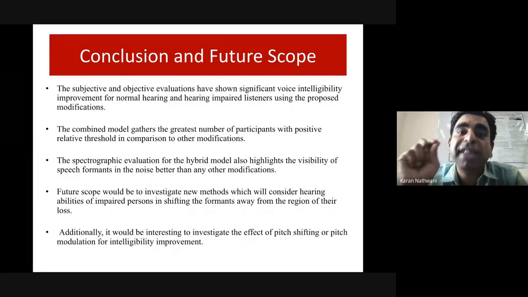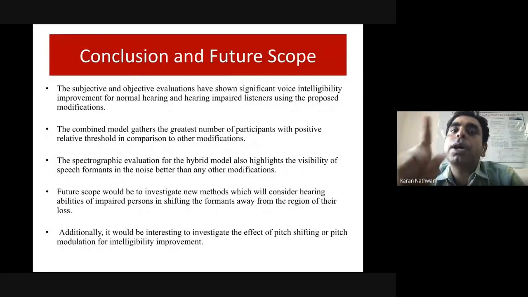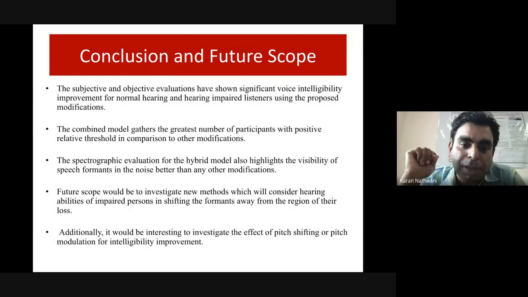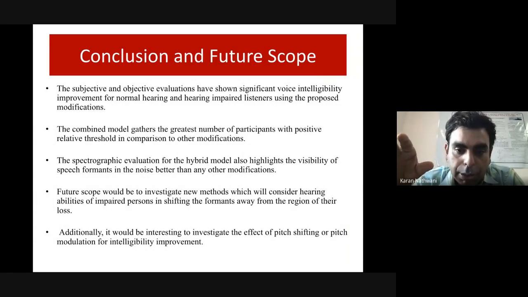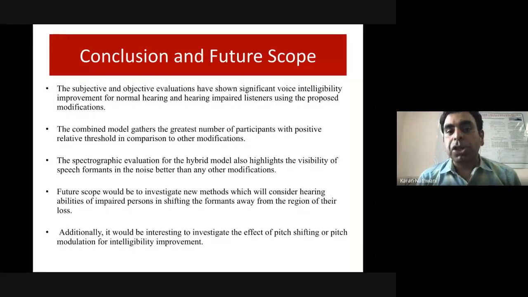The answer is yes here, because the hearing impaired people were able to benefit from these algorithms. I think that is why the mental health of those patients was better than with the previous methods proposed in the literature. So yes, there is a lot of scope for improvement. This is an open research problem.